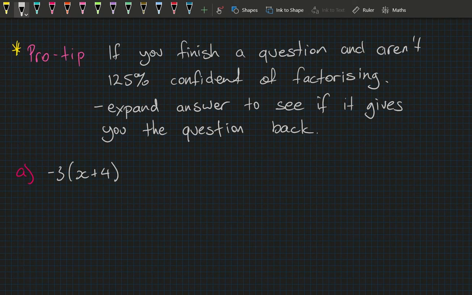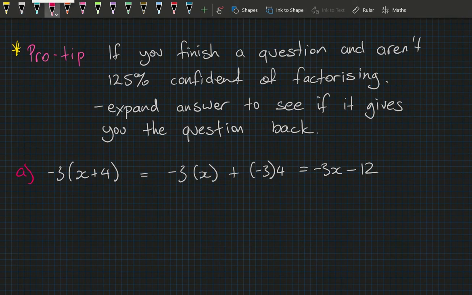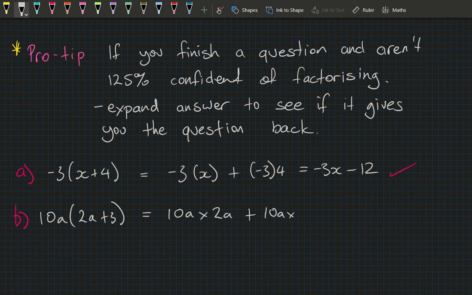Well, that's equal to minus 3 times x plus minus 3 times 4, which equals minus 3x minus 12, which is exactly what the question was. All right, part B, we ended up with 10a times (2a plus 3). So expanding, that means we get 10a times 2a plus 10a times 3, which is equal to 20a squared plus 30a, which is what the question was.